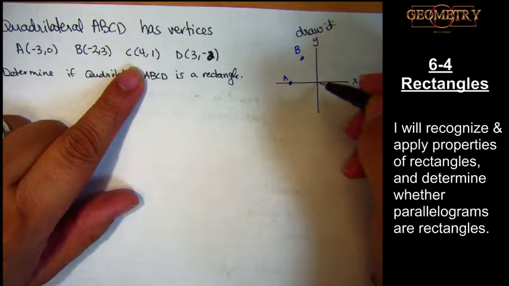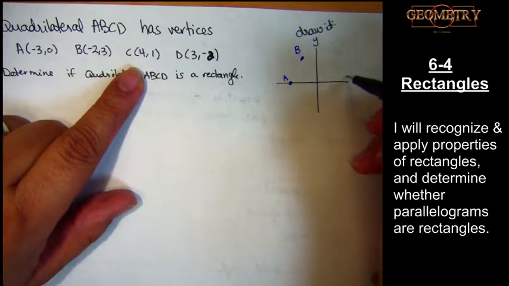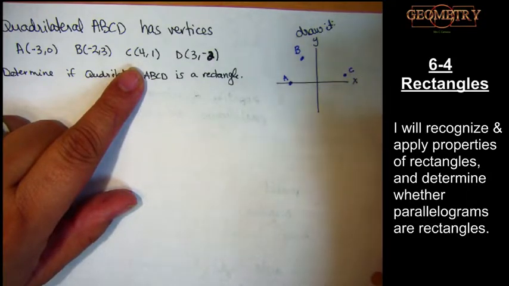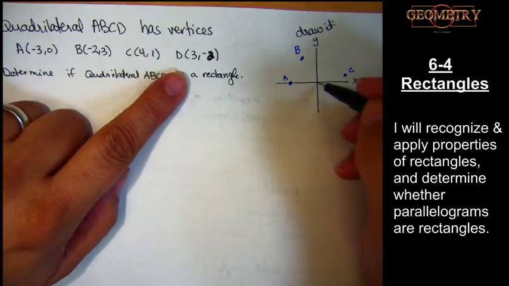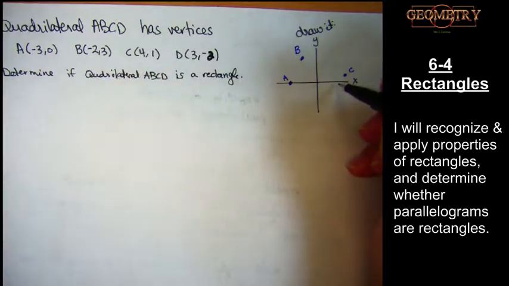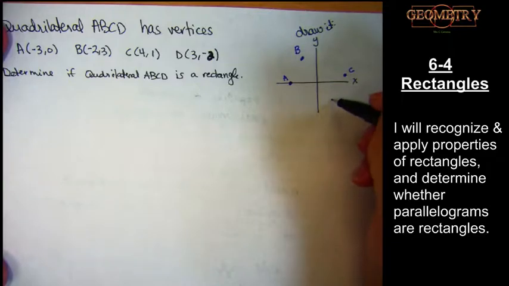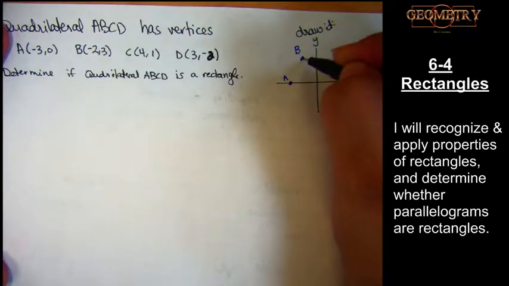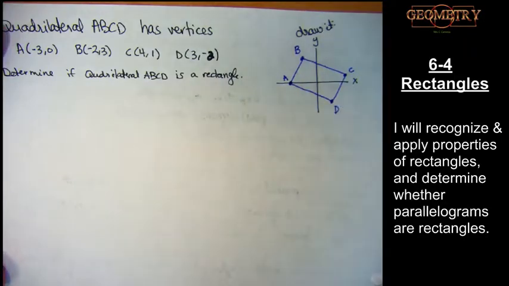C is at 4, 1, so it's going to be somewhere over here and only up a little bit. And then D is at 3 somewhere here, but not as far as C is. And then down into the negative somewhere. Okay, so there is my sketch of a rectangle. Doesn't look very rectangle-y, and that's okay. Yours might look more or less rectangle-y than mine, and that's okay. Yours is just as beautiful.